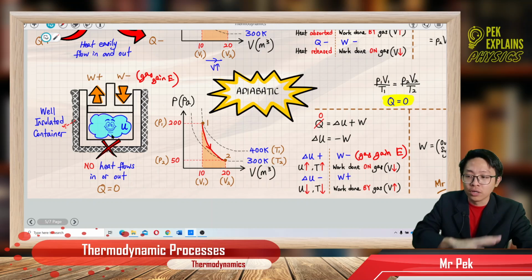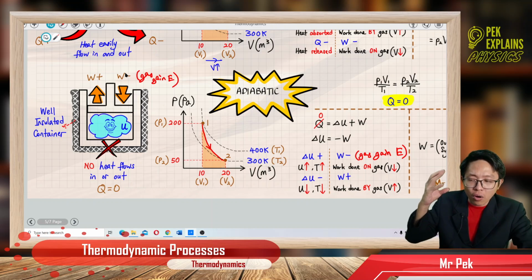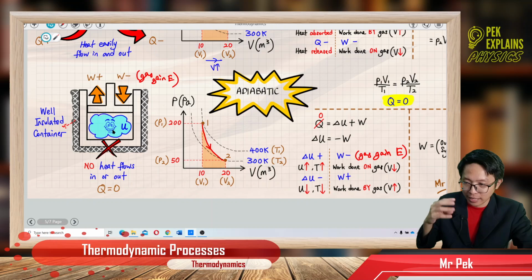No heat loss at all. So all the energy that comes into the gas in the form of work done is stored inside the gas in the form of internal energy.